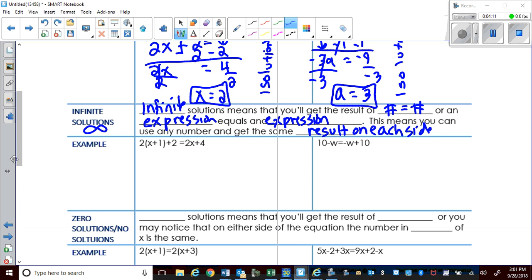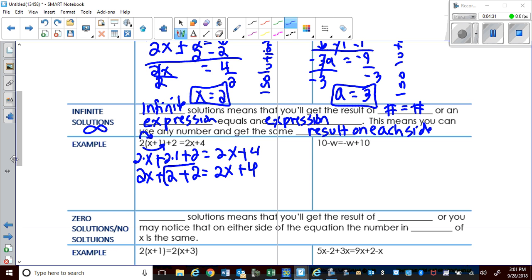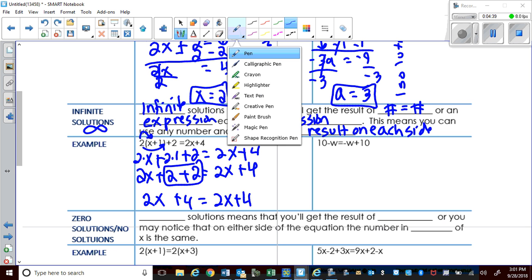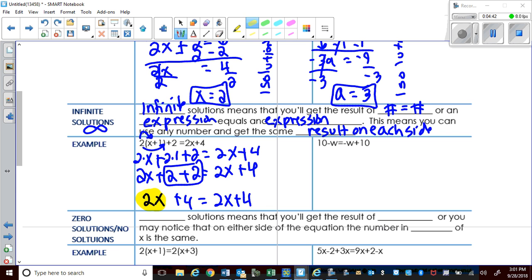So, let's distribute first in the first problem. 2 times x plus 2 times 1 plus 2 equals 2x plus 4. Simplifying, I get 2x plus 2 equals 2x plus 4. Combining like terms here, I get 2x plus 4 equals 2x plus 4. And if you notice, interestingly enough, the x terms are the same on both sides, and the constants are the same.